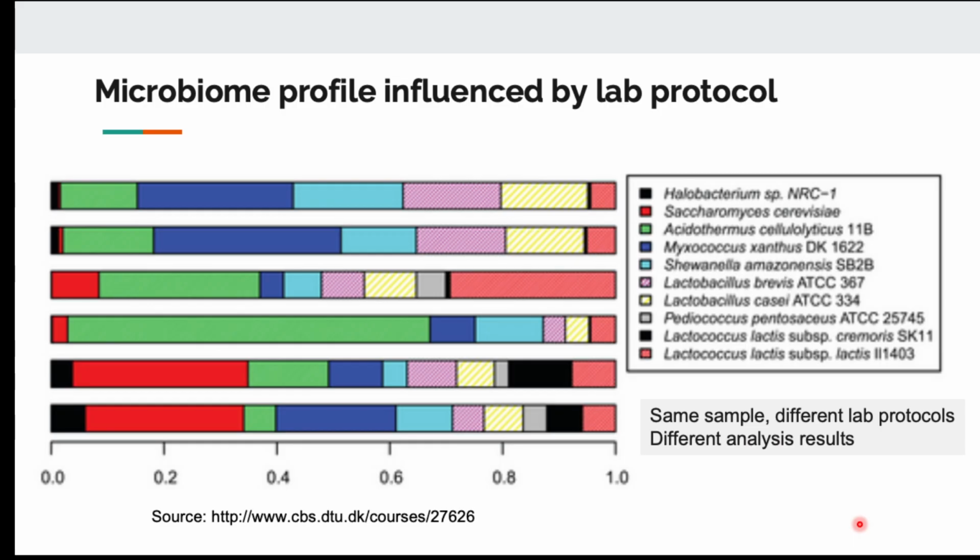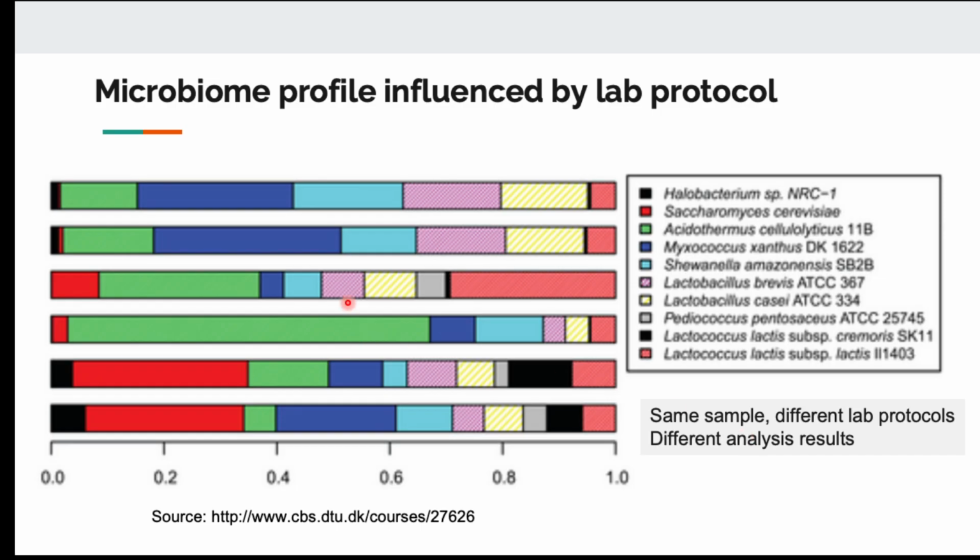In this example, they analyze the same sample, let's say the same gut microbiome stool sample, with different DNA extraction protocols or different sequencers. And you can get very different results for the bacterial composition, because different extraction protocols and different sequencing platforms have different biases. They will enrich certain bacteria over others.